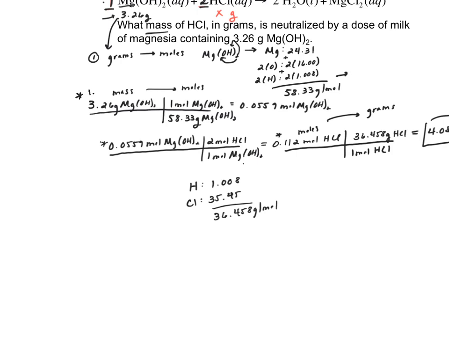Step number 2 took that moles of reactant and converted it to moles of the other reactant, so reactant 1, reactant 2. We took how many moles of magnesium hydroxide we had and converted to moles of HCl. And then in step 3, once we had moles of reactant 2, we converted to grams by utilizing the molar mass of that second reactant.